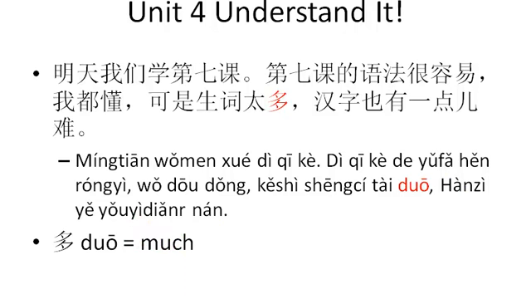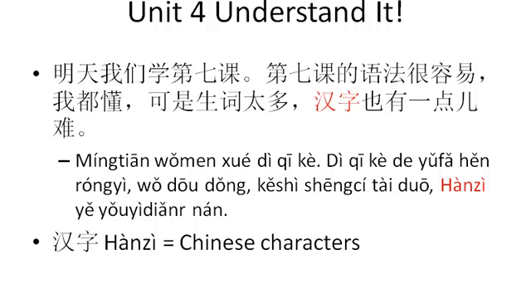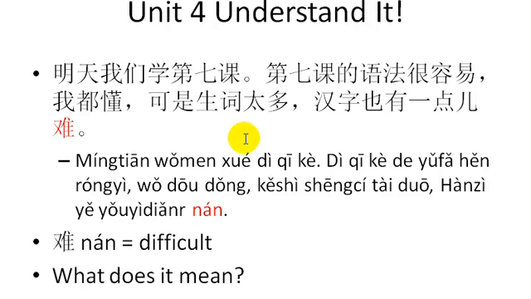Finally, here we have 汉字. Oh, actually, we have a little bit more coming, but right now we have 汉字. 汉字 means Chinese characters. Han is the word for Chinese people. 字 is the word for word or character, Chinese pictograph character. 汉字 is Chinese characters. Finally, in here we have 难. 难 means difficult.